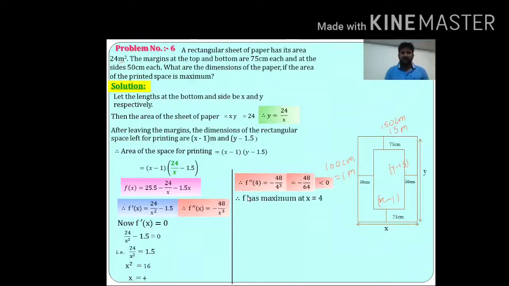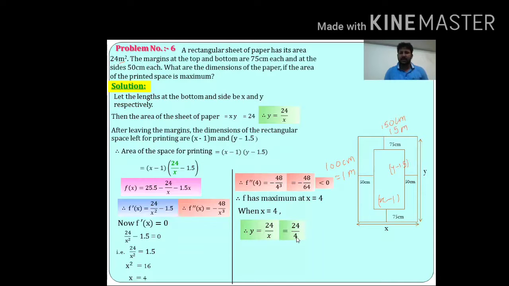To get the dimensions, the x value is obtained, and the remaining is the value of y. Substitute x equals 4 in the equation y equals 24 by x. So the y value is 24 by 4, which is equal to 6.